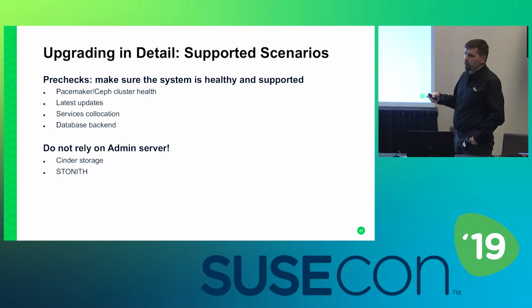So for example, we put the Cinder storage on the admin node, and when we were then upgrading the admin node, obviously Cinder was affected by that. Or we even used the STONITH setup wrongly, and did not use an independent and safe node for that.